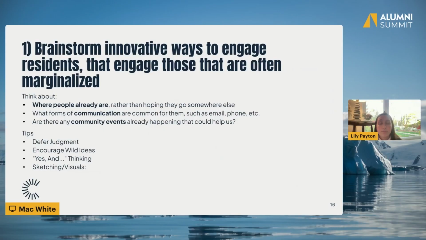For example, let's say one person says, let's make a bike that flies. Someone else, instead of saying, no, we don't know how to make a bike that flies, says, yes, and the wheels are actually fans that generate power when it moves. Just continuing to build on that optimistic mindset of how you can create a new system, a new world.